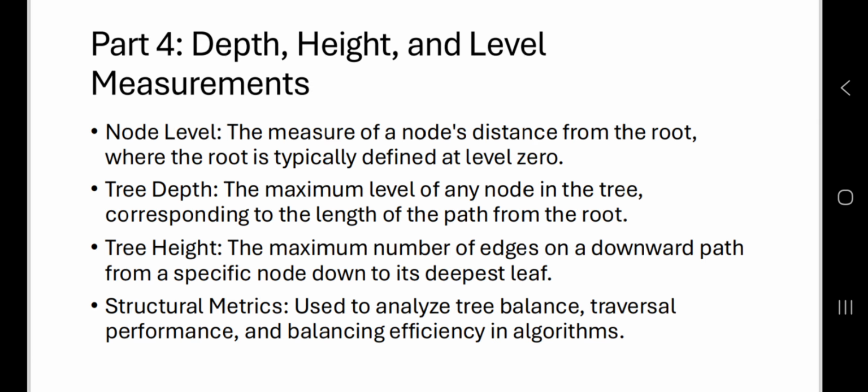Tree height is the maximum number of edges on a downward path from a specific node down to its deepest leaf. These structural metrics are vital for analyzing tree branches, traversal performance, and balancing efficiencies in algorithms.